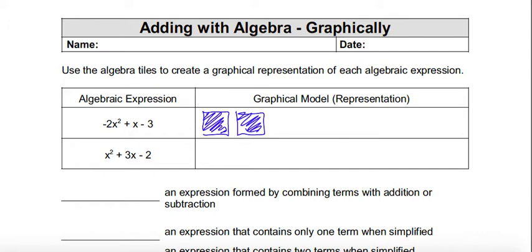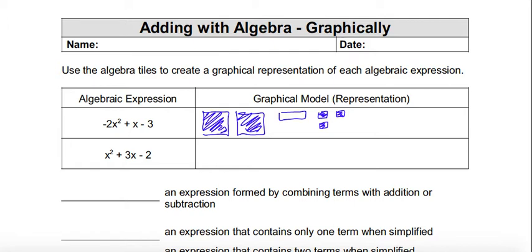I have 1x. So I'm drawing a rectangle that is not filled in to represent a positive x. And I'm drawing three smaller shaded in squares to represent negative 3. So now I have negative 2x squared plus x minus 3.